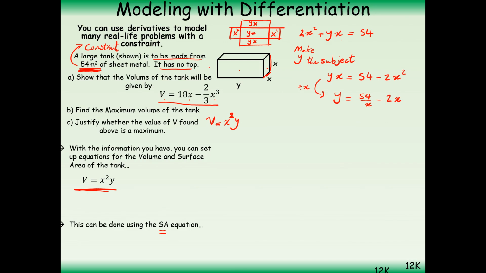So that's a definition of y. Now we're going to substitute that here. We keep x squared where it is. Instead of y, I open a bracket and write 54 over x minus 2x. Expanding this bracket, I end up with 54x, because the square on the top cancels the denominator, and 2x cubed.